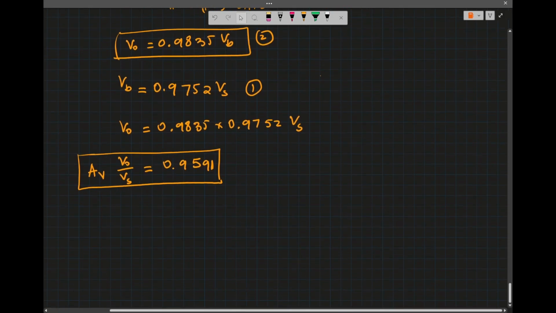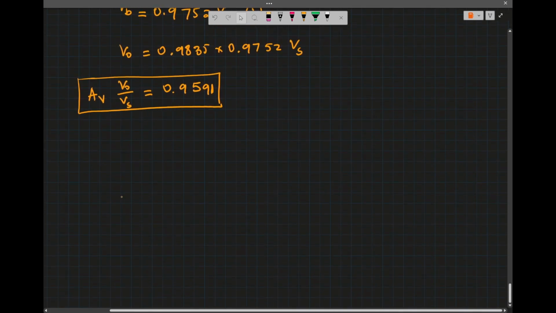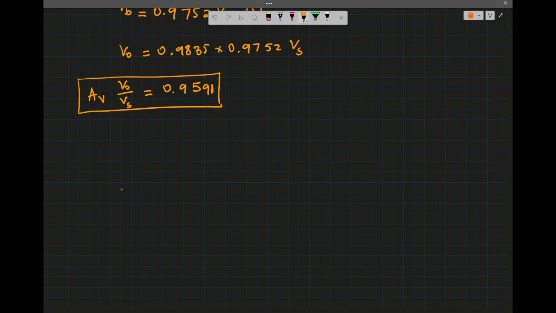But this is what I want you to notice here. So when we have the common collector, that's what we're doing.